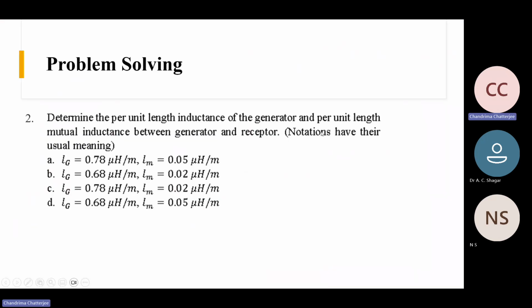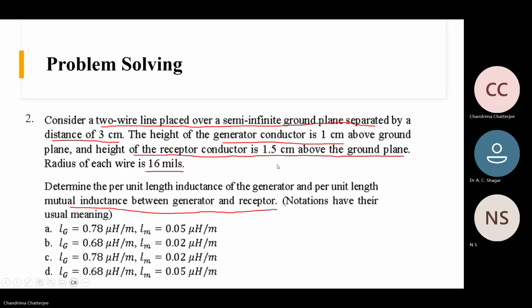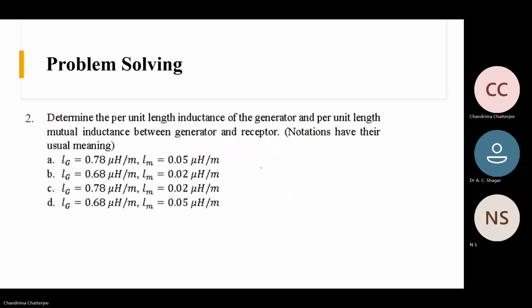So what do we need to find out? We need to find out the generator inductance LG, the self inductance, and the mutual inductance between the generator and receptor, right? So what do we do? See, there is a semi-infinite ground plane. There is this generator conductor and there is this receptor conductor.